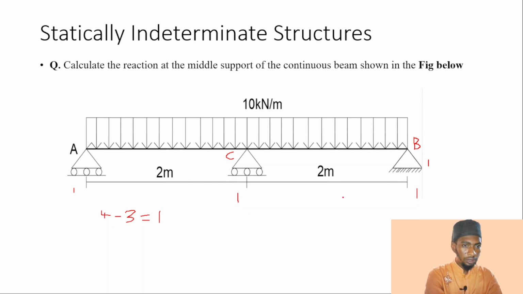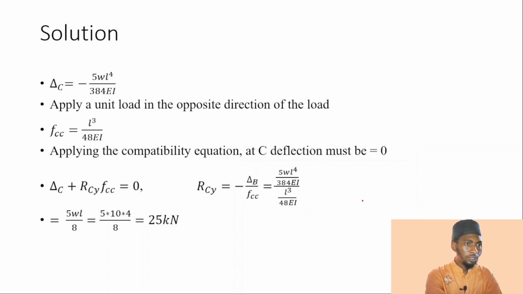So taking this as the redundant member, when you are solving, the first thing is to remove the redundant member. Okay, so I have removed the redundant member, so assuming this is what we have, after removing the redundant member, we are going to have what?